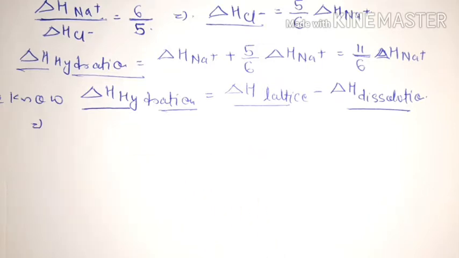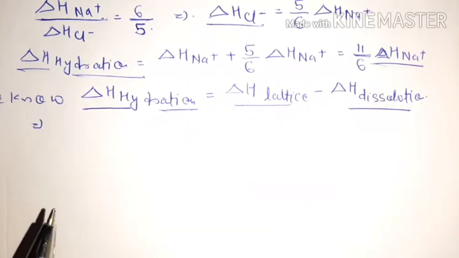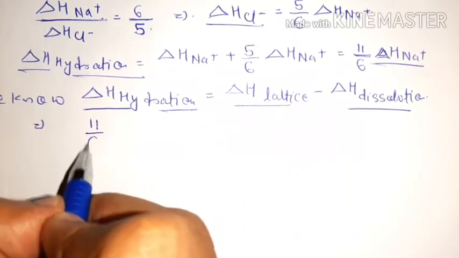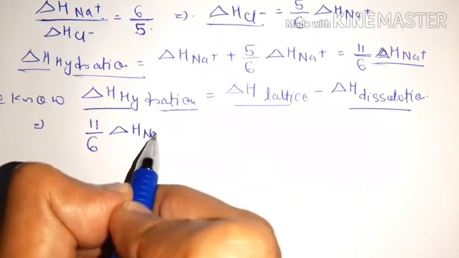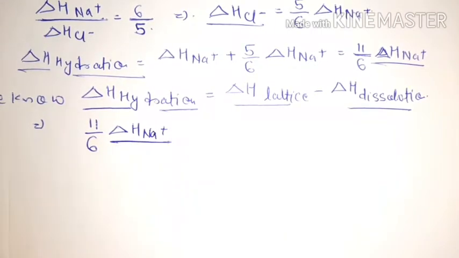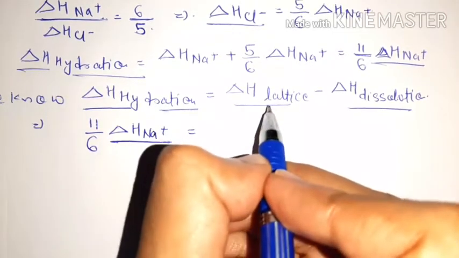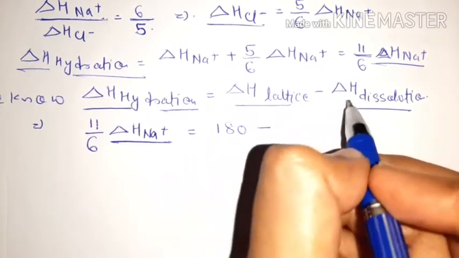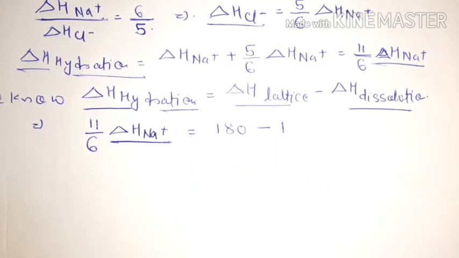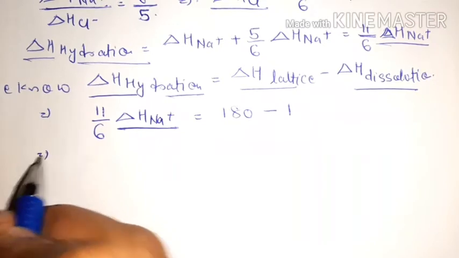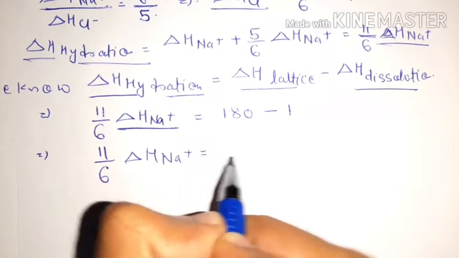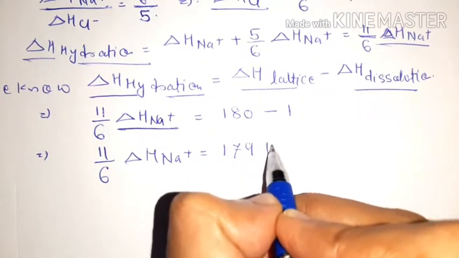From this we must find the value of enthalpy of hydration of sodium ion. The enthalpy of hydration is 11 by 6 delta H Na plus, and your lattice enthalpy according to the question is 180 kilocalorie per mole minus delta H dissolution, which is 1 kilocalorie per mole. So it will be 11 by 6 delta H Na plus equals 179 kilocalorie per mole.